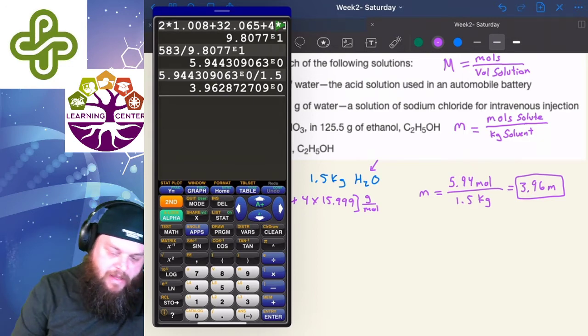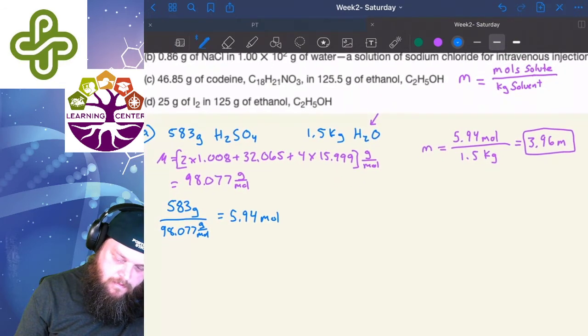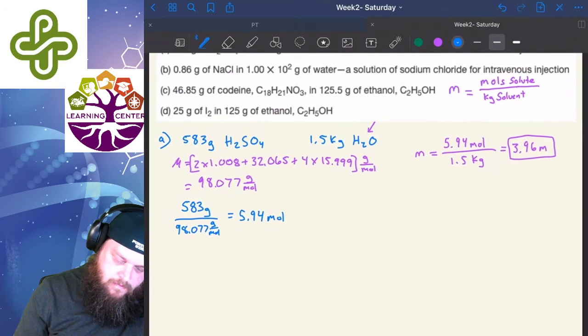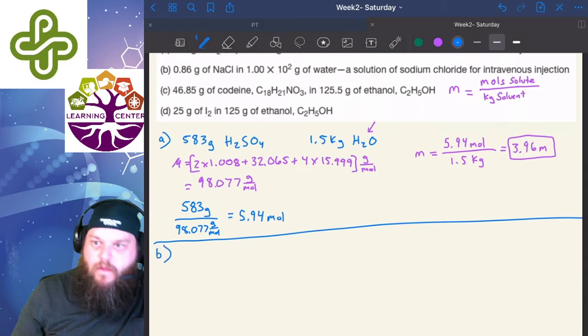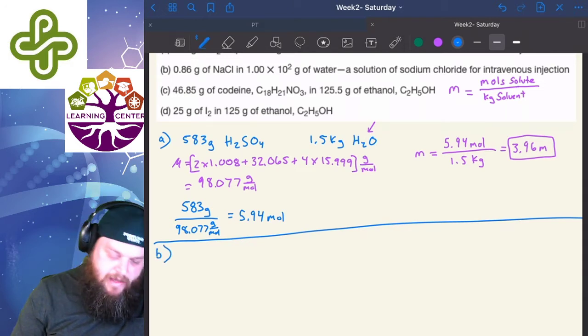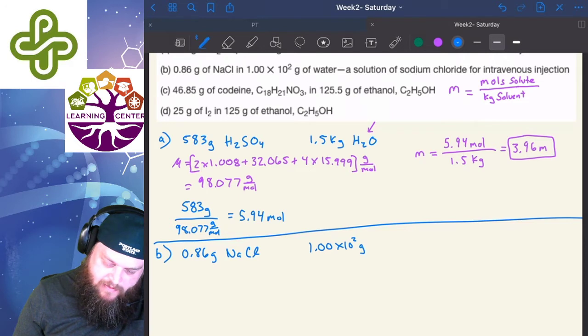Let's look at part B. In part B, we're looking at 0.86 grams of NaCl, and we're looking at 1.00 times 10 to the second grams of H2O.